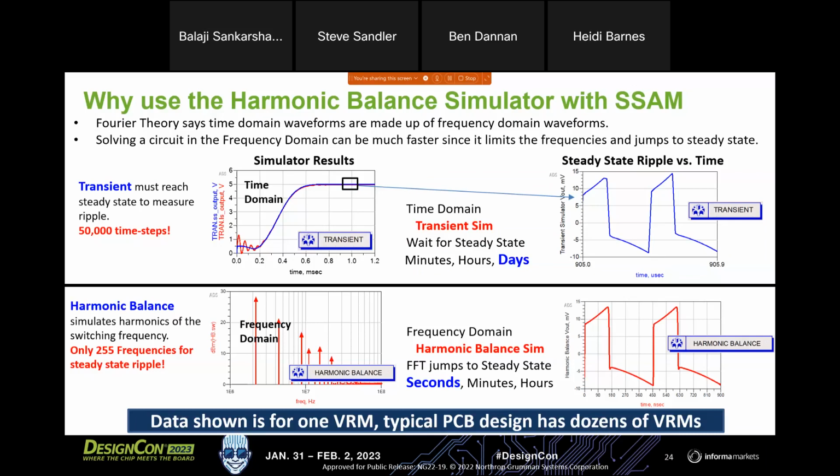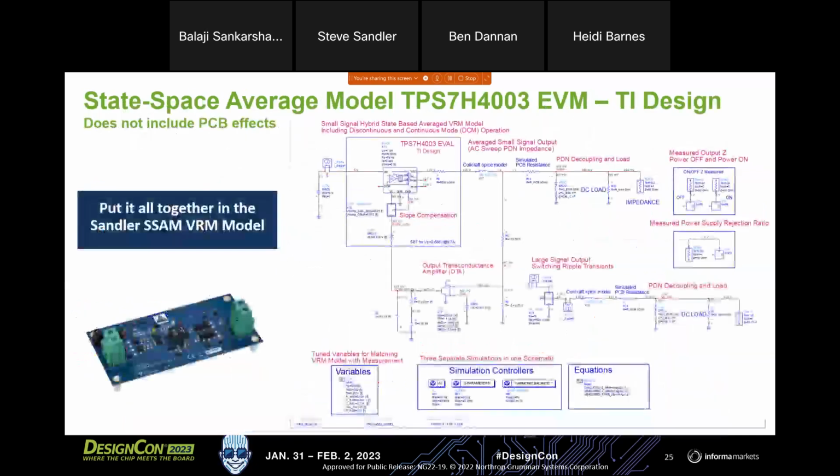What that means is that it's calculating steady state in the frequency domain, and it's able to do an inverse Fourier transform and achieve steady state much faster than any transient time domain simulator ever can, and show those results, which is a huge benefit if you're doing these sort of simulations. For those of you who've done any sort of time domain simulations for power integrity or any sort of SPICE with VRMs, you know how long it can take to get a long enough waveform in time. With harmonic balance, this takes seconds or even milliseconds to really get a result. It's really that fast.